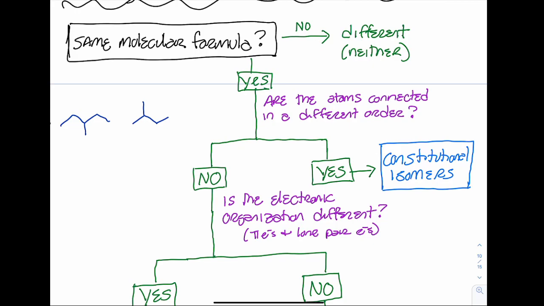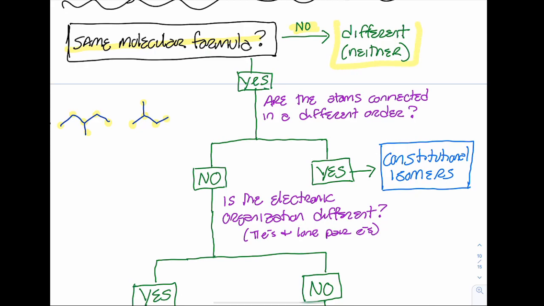Our very first question, where we're going to start with all of these: do they have the same molecular formula? That's the first thing we want to check. So if I look at our example here, this one has 1, 2, 3, 4, 5, 6 carbons. This one has 1, 2, 3, 4, 5 carbons. So right away, no, our molecular formula is not the same.